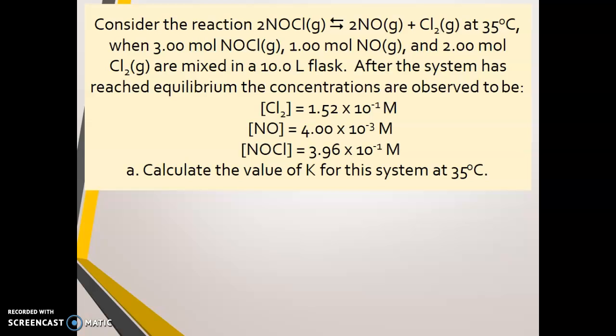When 3 moles of NOCl, 1 mole of NO, and 2 moles of chlorine gas are all mixed in a 10-liter flask, after the system has reached equilibrium, the concentrations are observed to be as follows. Now, you might be looking at the 3 moles in the 10-liter flask and be thinking about calculating your molarity based off of that. But the K value is at equilibrium.